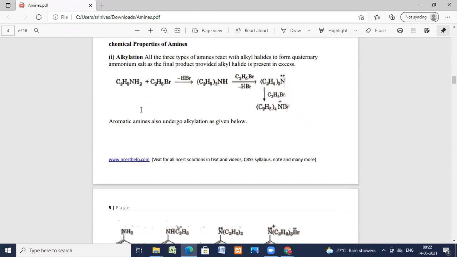Preparations are completed and we have started with the chemical properties. The first one is alkylation, that is the Hoffman reaction. On reaction with an excess of alkyl halide, it gives primary, secondary, tertiary substituted products.